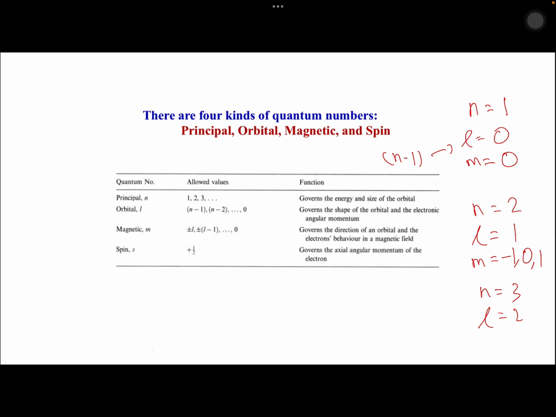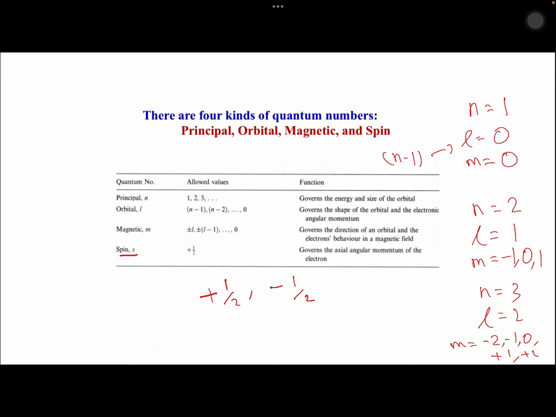For L equal to 2, m is equal to negative 2, negative 1, 0, positive 1 and positive 2. Next is spin. Spin governs the axial angular momentum of the electron, which is given only 2 values: plus half and minus half.